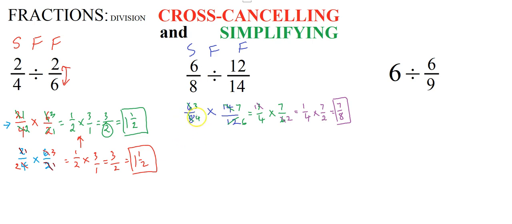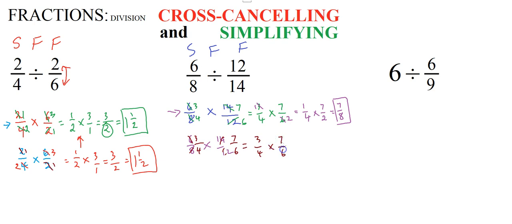Let's try and do it by simplifying with the original renaming. So 6/8 times 14/12. Let's do some simplifying. 6/8, I can divide 6 and 8 by 2, so I end up with 3/4. This one over here, I can divide both by 2 again, so that's going to be 7/6. Renaming looks like this, 3/4 times 7/6.